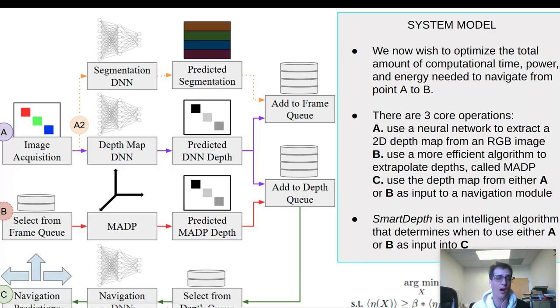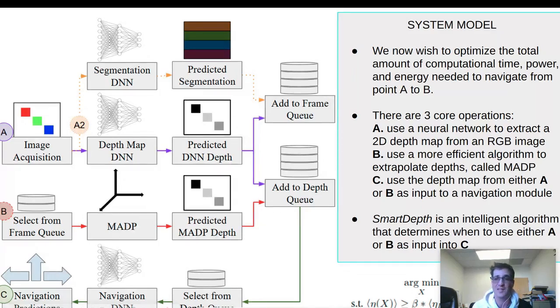There are three core operations here that we're going to be cycling through. Operation A is using a neural network to extract a 2D depth map from an RGB image. Operation B is to use our more efficient algorithm called MADP, which will extract those depths from the image. However, it's saving on computational resources and it will be less accurate.